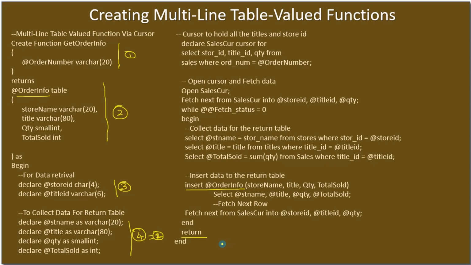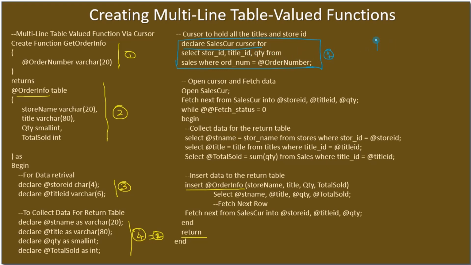Now let us look at the cursor detail. If you look at the cursor here, we are declaring the cursor, right? Here we are declaring the cursor, and we talk about the select statement here.